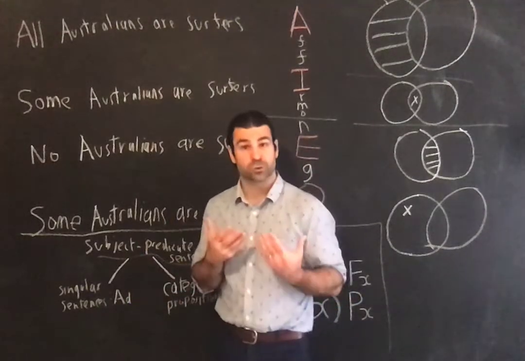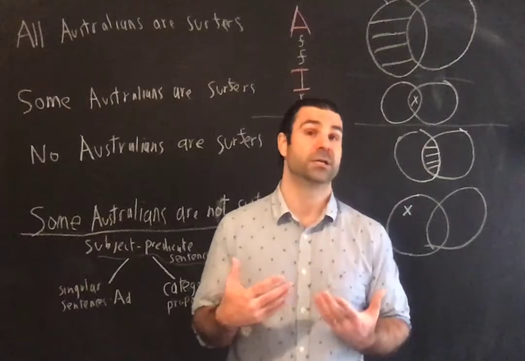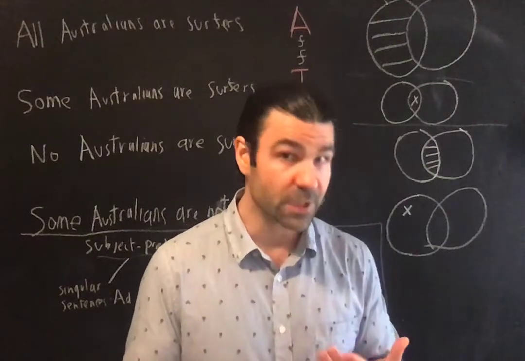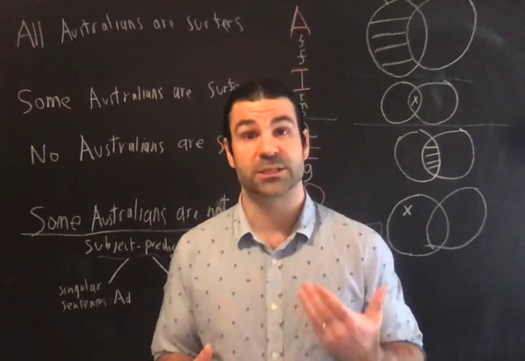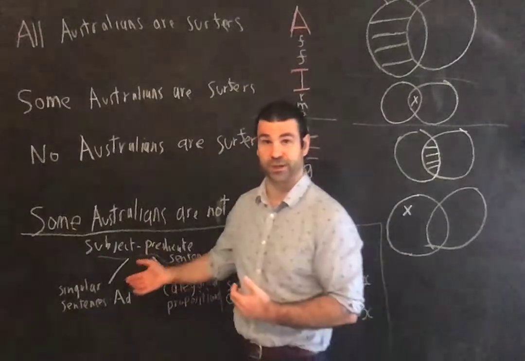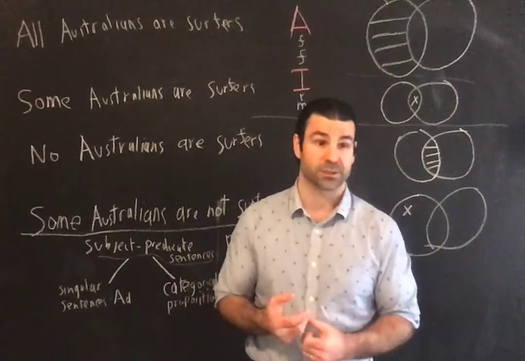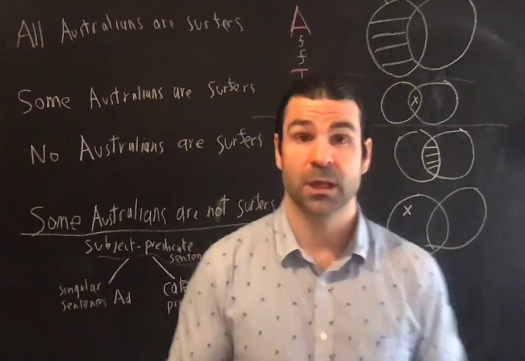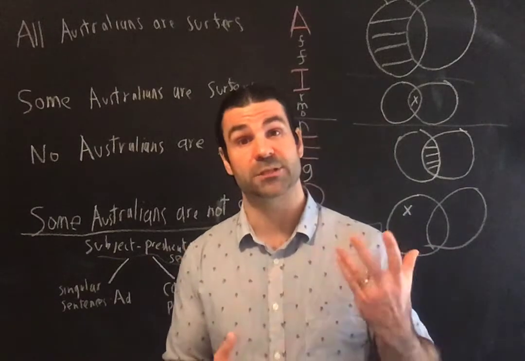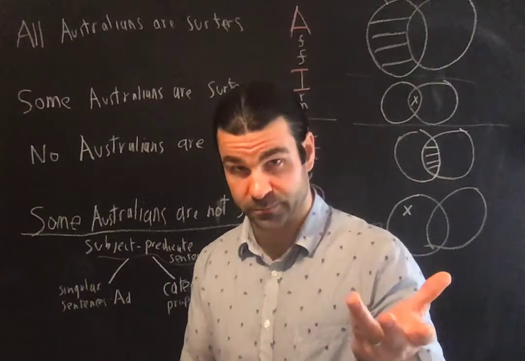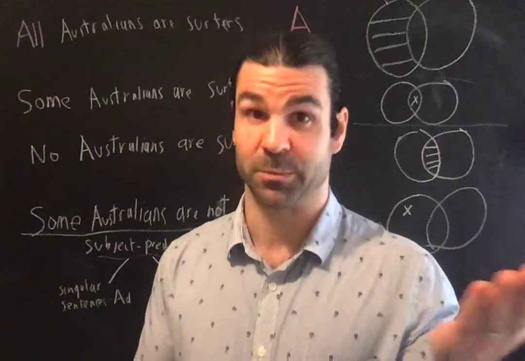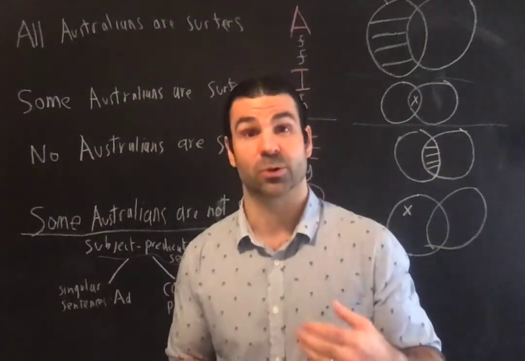So we're going to have two kinds of sentences that have subjects and predicates. Singular sentences, like Dan is Australian, defined as sentences that contain a name. Think of them as sentences where the subject is an individual, that which is named by the name.